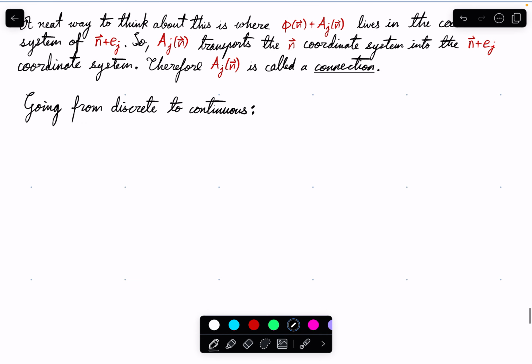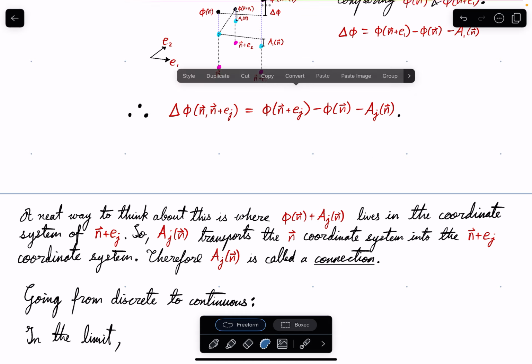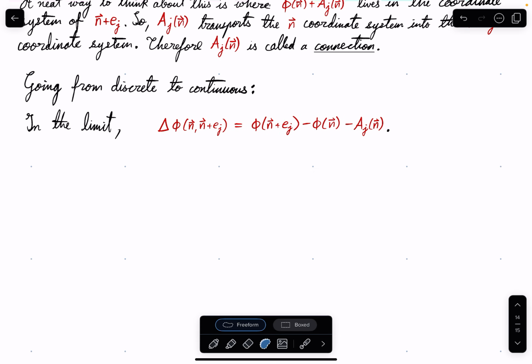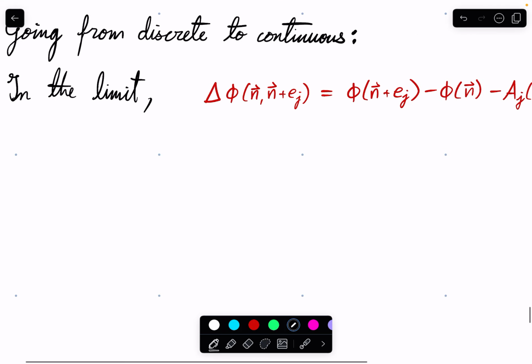And in the limit, we have first that this is the first quantity that we're considering. And this changes. So now we take the continuous limit. So it becomes d sub j at n. This is just the change in notation.